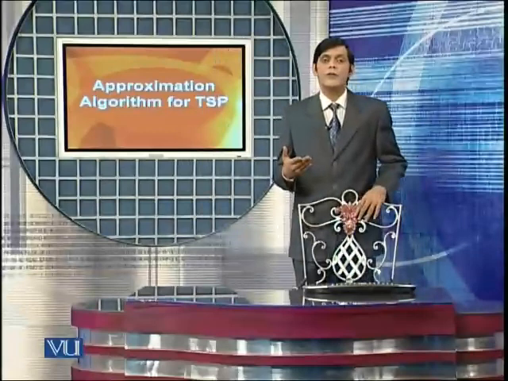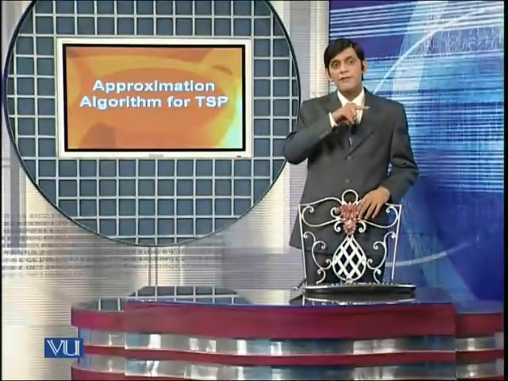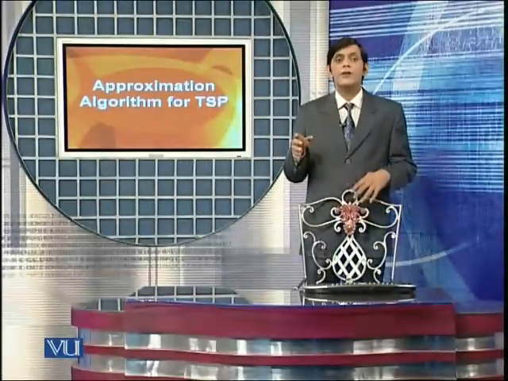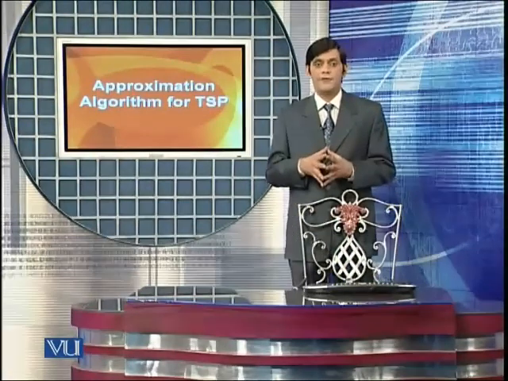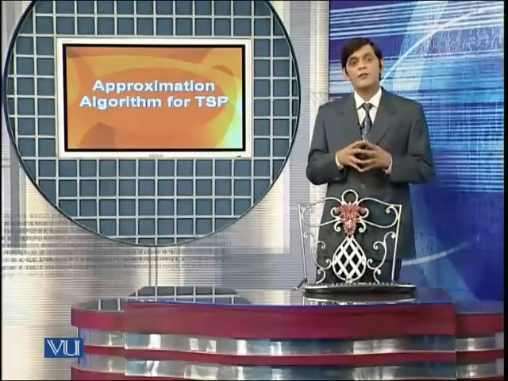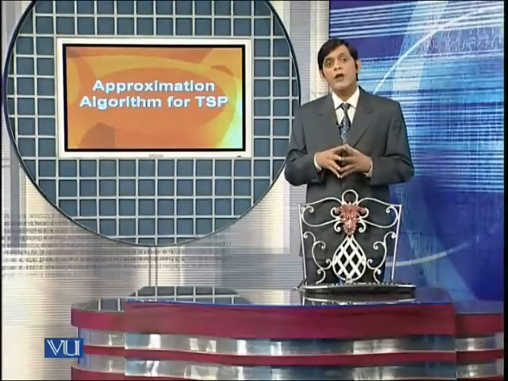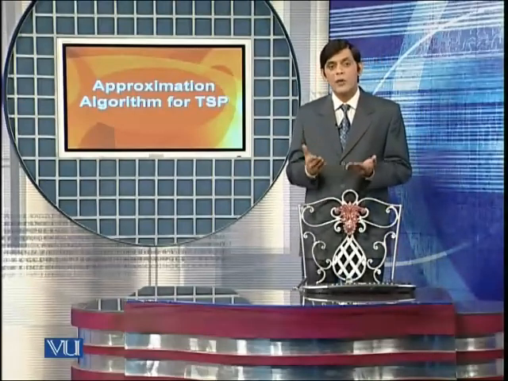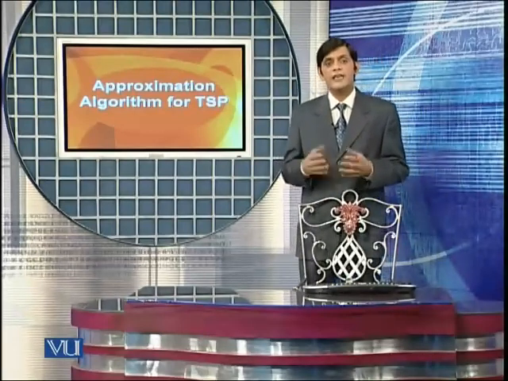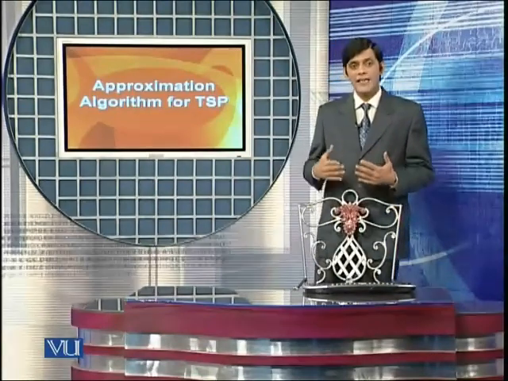Now you perform a DFS and tour all the vertices in this graph. The claim is the cost of doing that tour would be exactly equal to twice the cost of the tree that you took. Well, why is that the case?